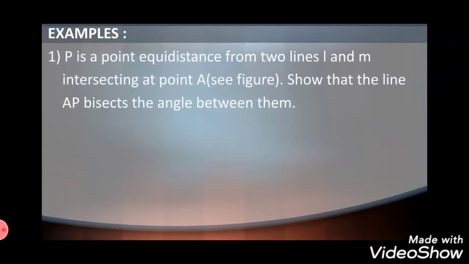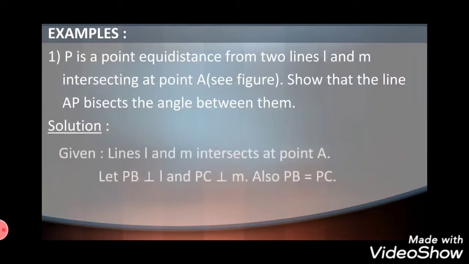Number 1. P is a point equidistant from two lines L and M intersecting at point A. See figure. Show that the line AP bisects the angle between them. For the solution, first we write the given.